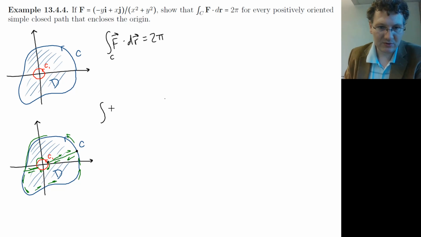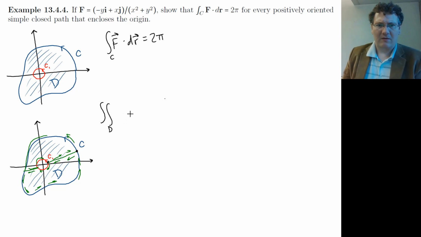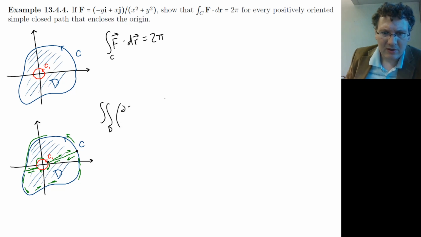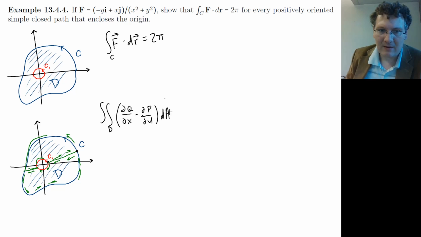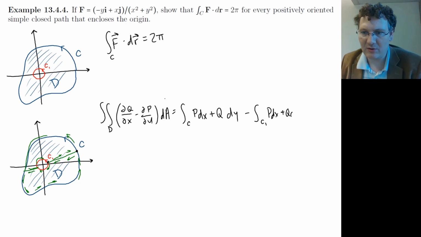The integral over the region D of partial q partial x minus partial p partial y dA is equal to the line integral over C of p dx plus q dy minus the integral over C1 of p dx plus q dy.